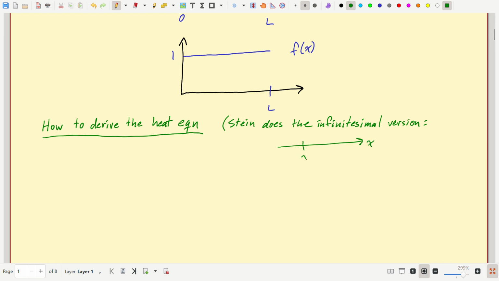He takes an x plus delta x, and he analyzes heat flow coming in and out of a little delta x thing. I like to do the control volume method. Actually, in the case of one-dimensional heat, it's not a control volume, it's a control length. That's the method I'm going to use.